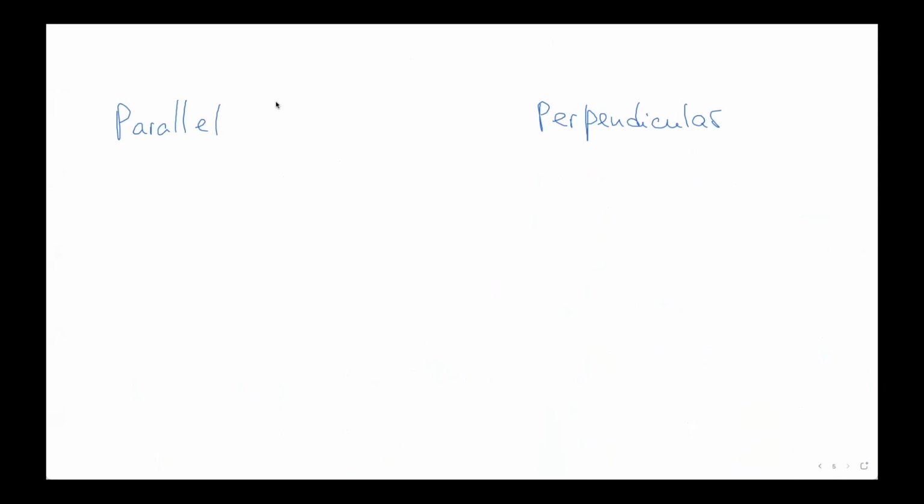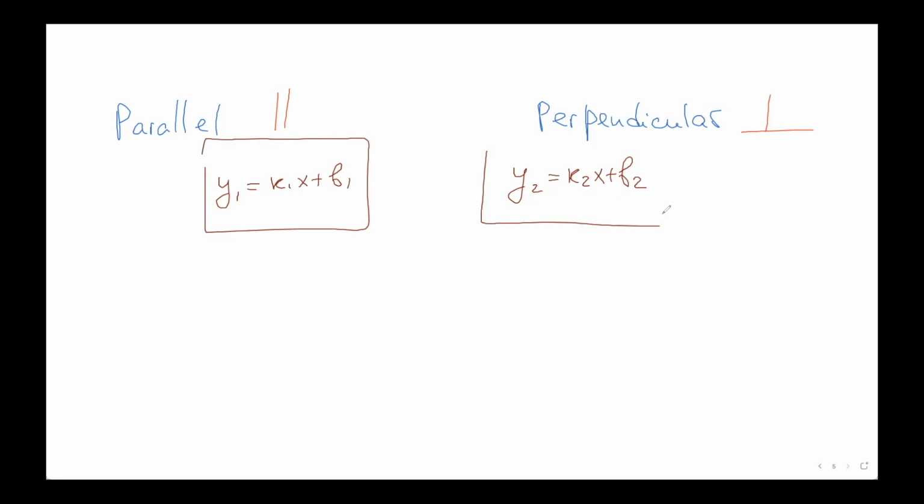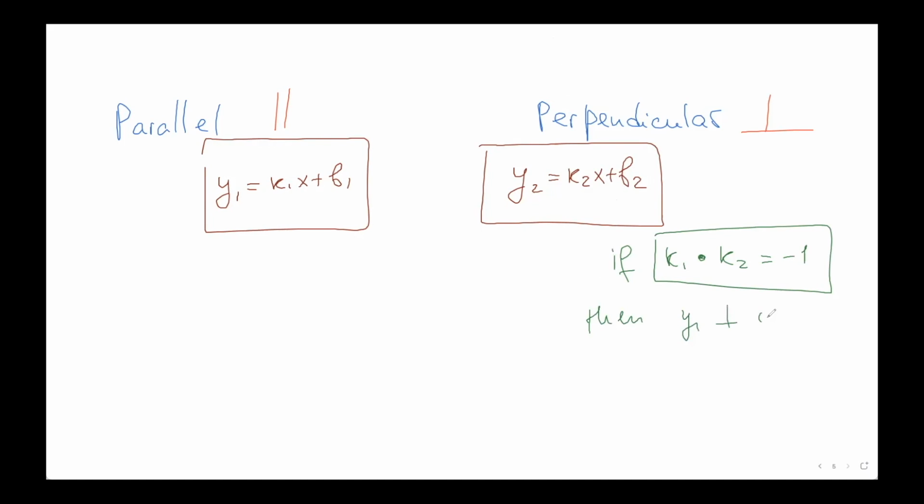Parallel and perpendicular. How do we know if two lines are parallel or perpendicular? Let's say you have the equation y1 equals k1x plus b1. That's our linear equation. y2 is k2x plus b2. If k1 multiplied by k2 is equal to minus 1, then we say y1 is perpendicular to y2.